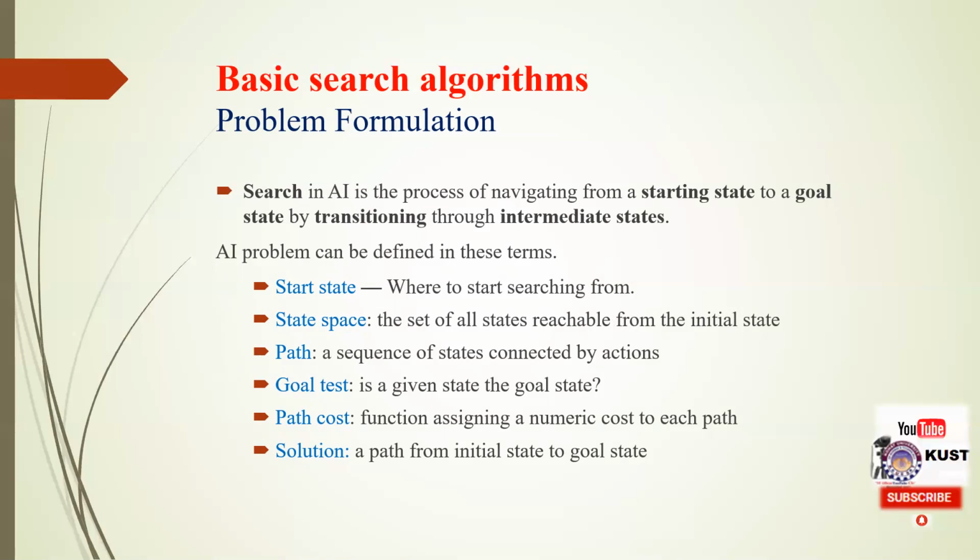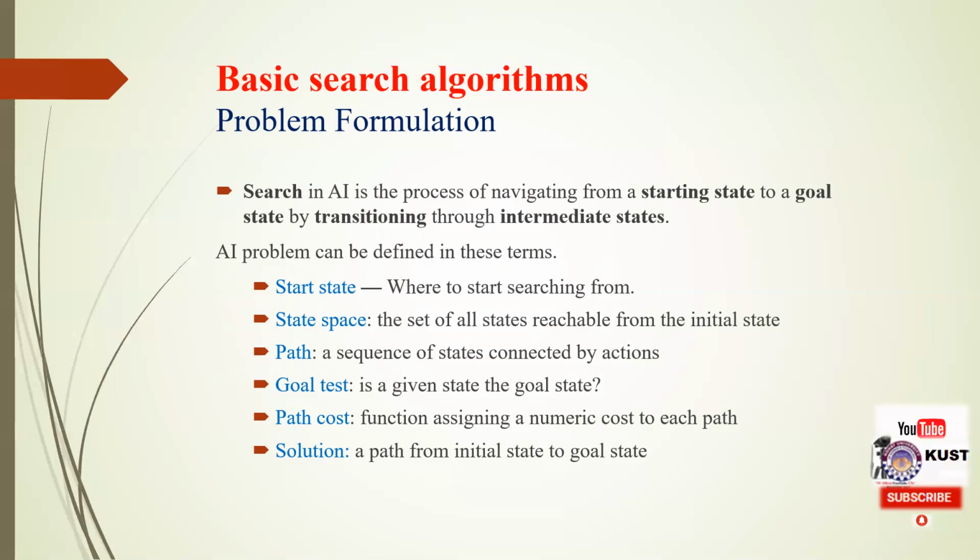State space is the set of all states reachable from the initial state. Path is a sequence of states connected by actions. Goal state or goal test specifies one or more states that would be an acceptable solution to the problem.